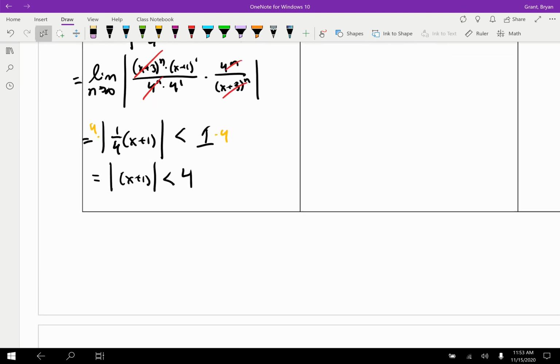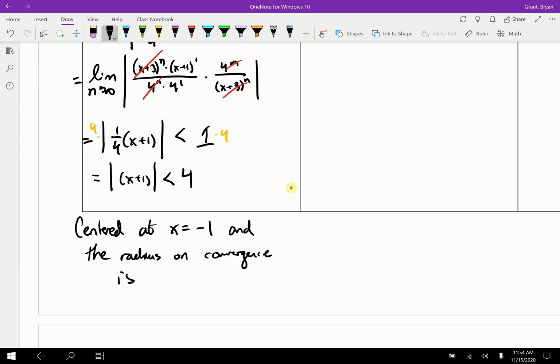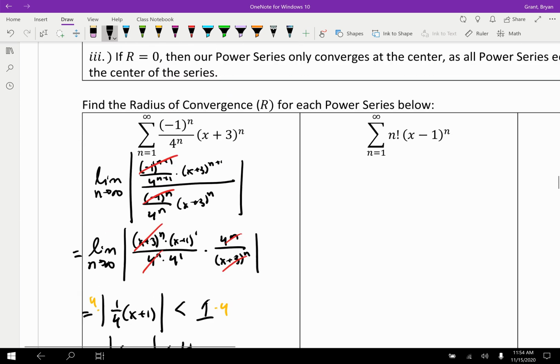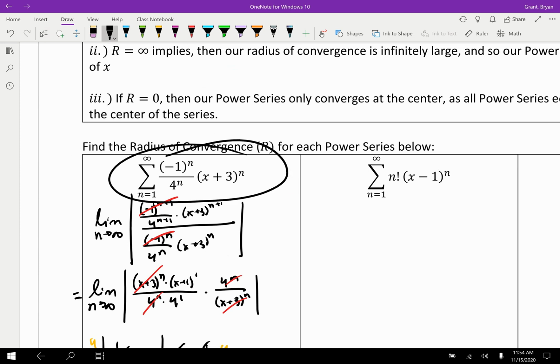What is this telling us? Well, what this is saying is we have a series, so whatever Taylor series this is centered at x equals, be careful here, -1. Okay, so we're centered at -1, and the radius of convergence is 4, which means we are allowed to evaluate this summation for any x value, right?